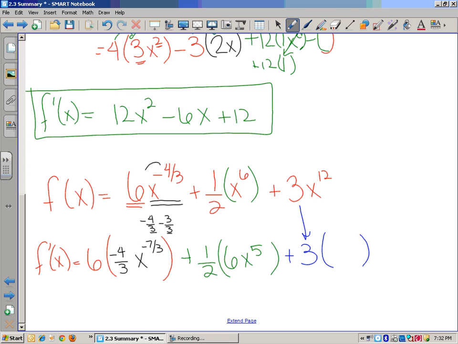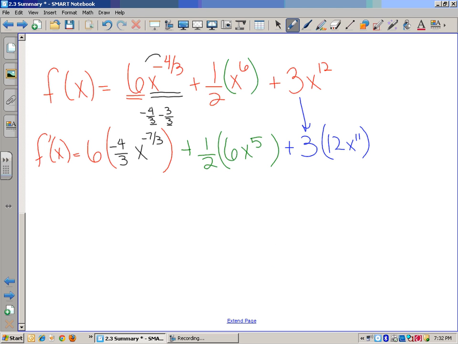The derivative of x to the 12th, already you have it. Look at, you guys are like, hurry up, Miss Collins, shut up. I know. But just so we're clear, so now I want to reduce, so I get 2, so negative 8, and I'm writing it in standard notation. We don't use negative exponents, so this is x to the 7/3 on bottom, plus 3x to the 5th, plus 48x to the 11th.